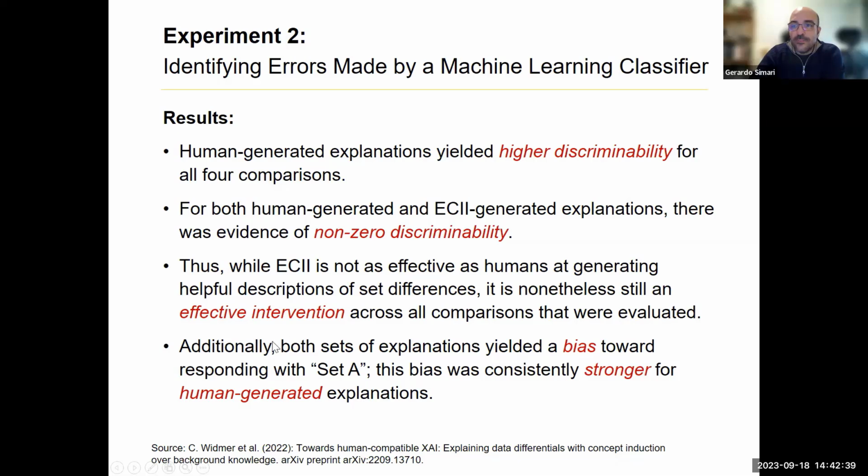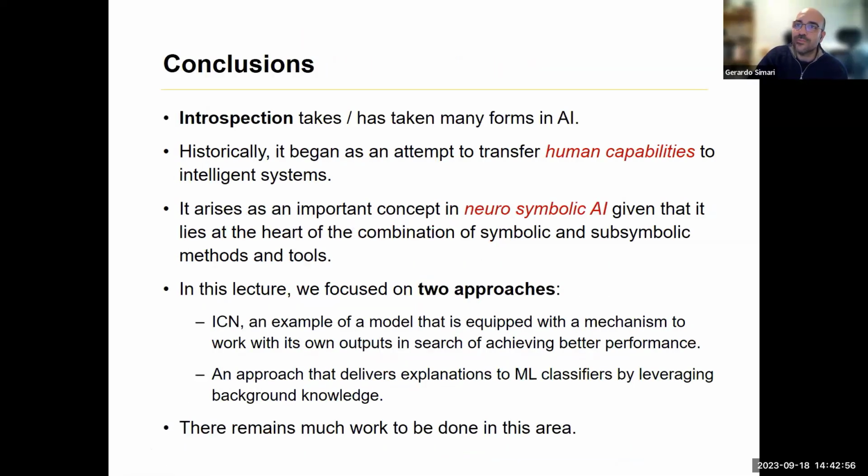And speaking of bias, they did observe a bias towards responding for set A, which was consistently stronger even for the human-generated explanations. So this might be some sort of artifact of the experimental setup itself.